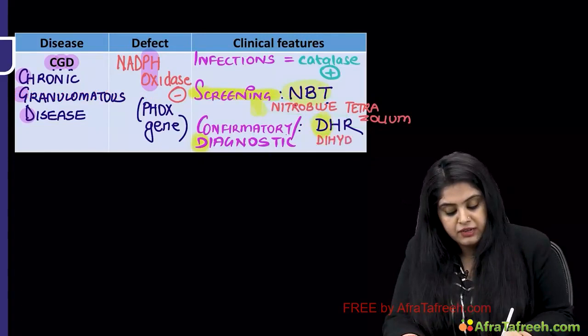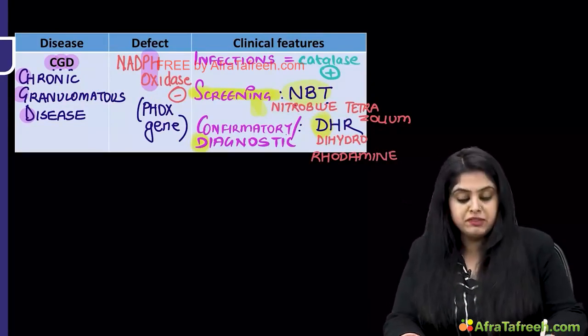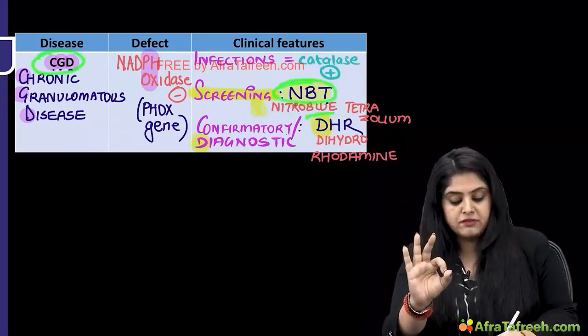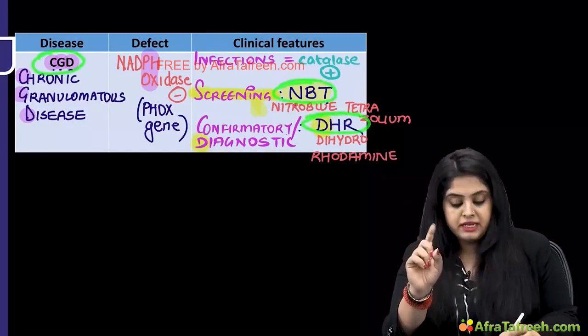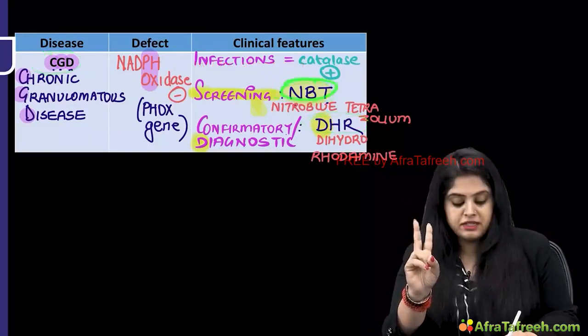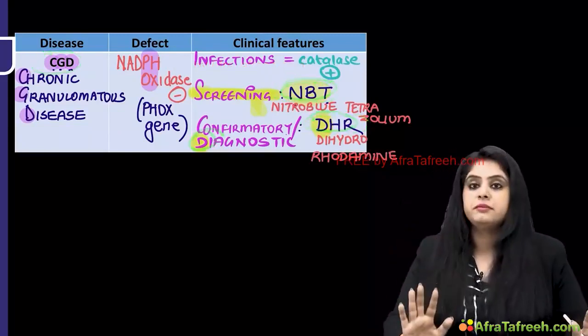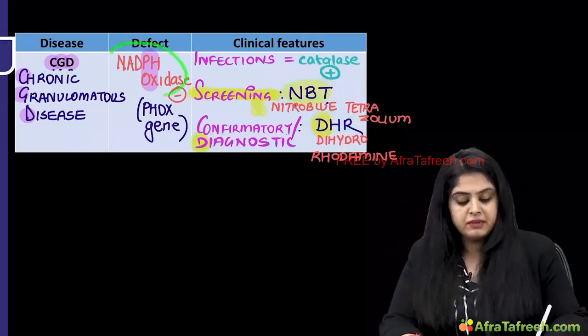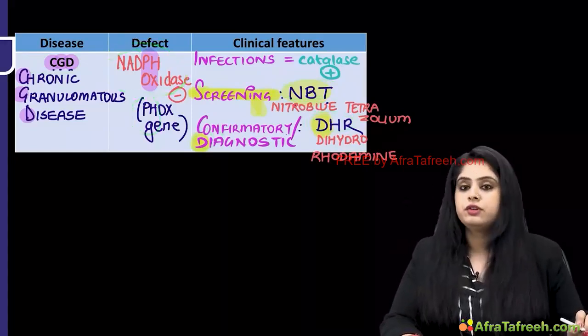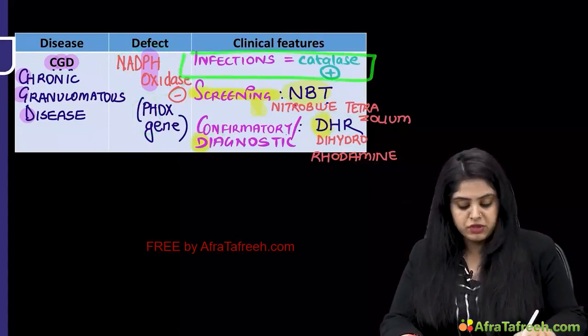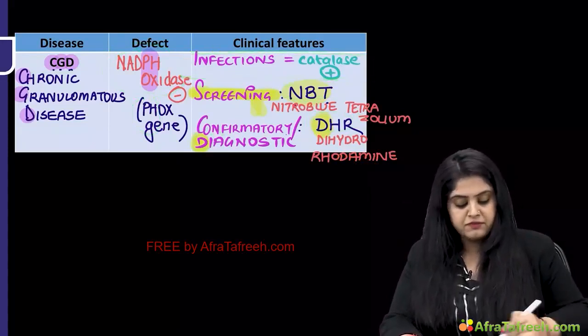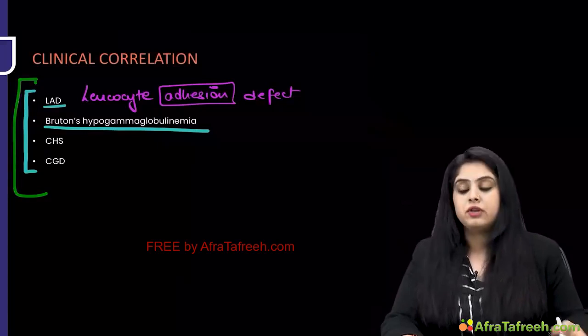DHR stands for dihydrorhodamine and dihydrorhodamine is D for D. It is the diagnostic test for CGD. So remember CGD 3 alphabets, NBT 3 alphabets, DHR 3 alphabets. NBT is the small test, screening test. DHR is diagnostic, proper confirmatory test. What is the enzyme defect? NADPH, that is PHOX gene is going to be defective. Which kind of infections? Patient will have catalase positive infections, and that wraps up all of your clinical disorders.